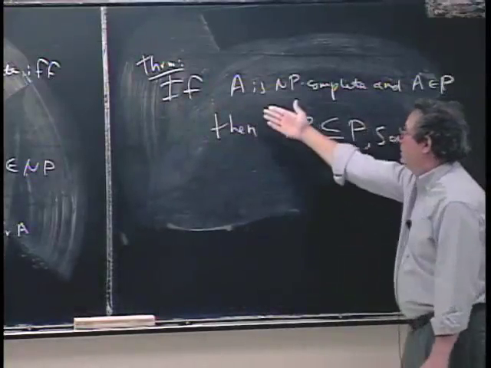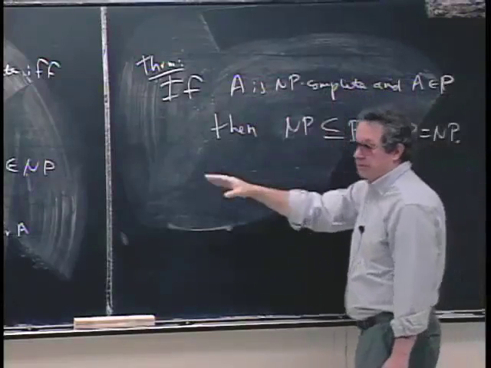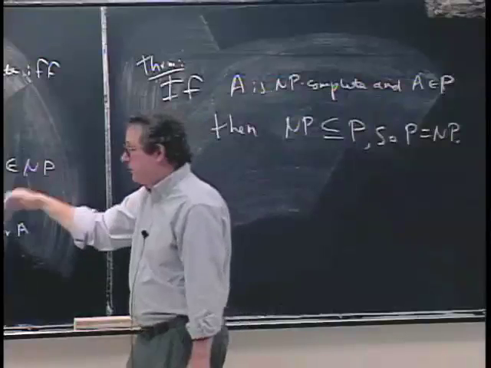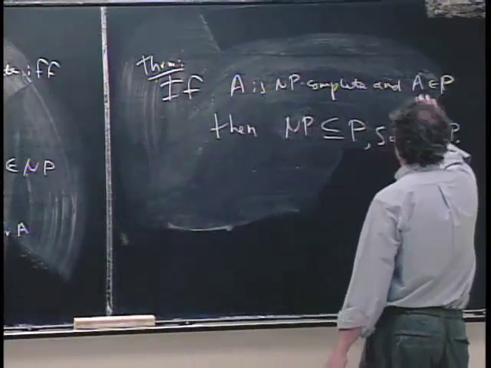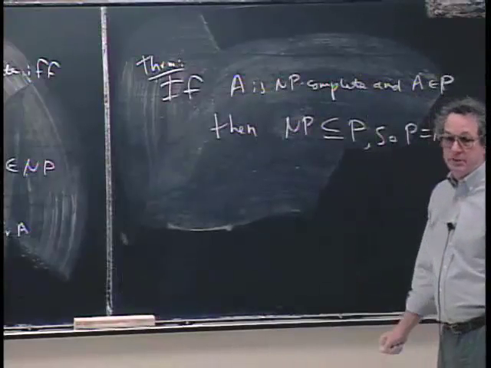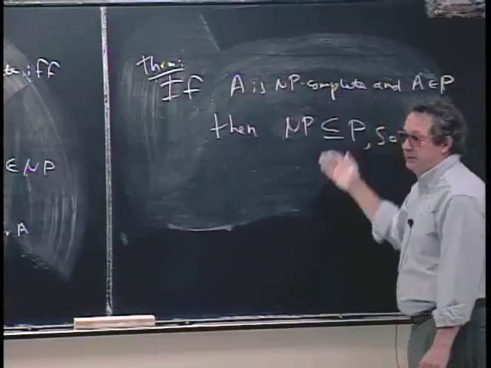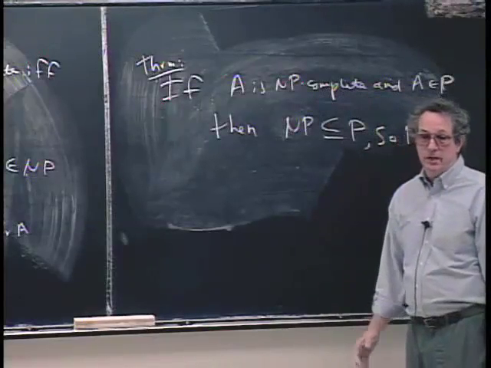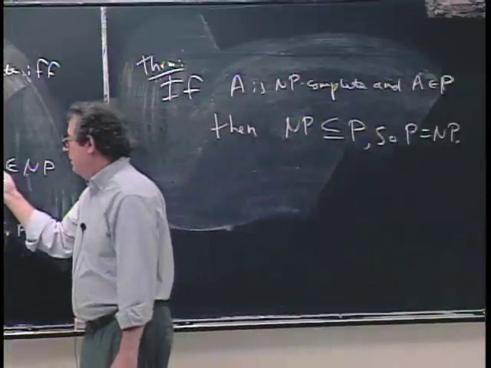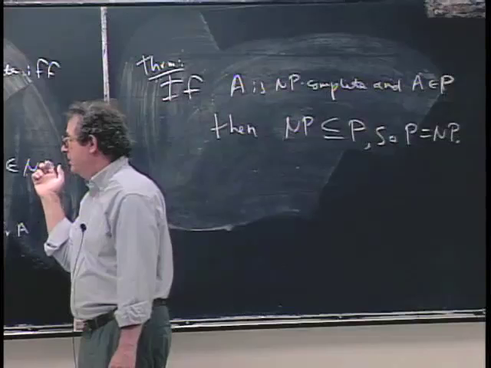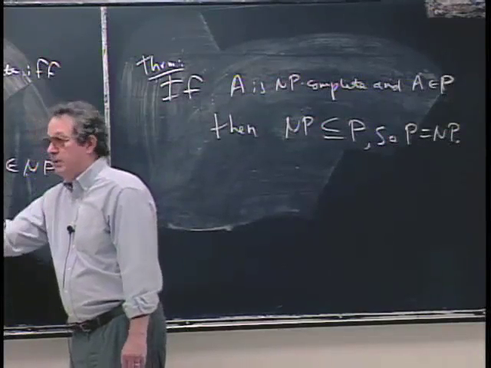If you have a single language A that's NP-complete, and NP-complete means that any other language in NP can reduce to it in polynomial time, and that language A happens to be decidable in polynomial time, then any language in NP is decidable in polynomial time. Again, by this kind of construction, by just using the reduction. L is some language in NP, and you use the reduction that reduces L to A in polynomial time.